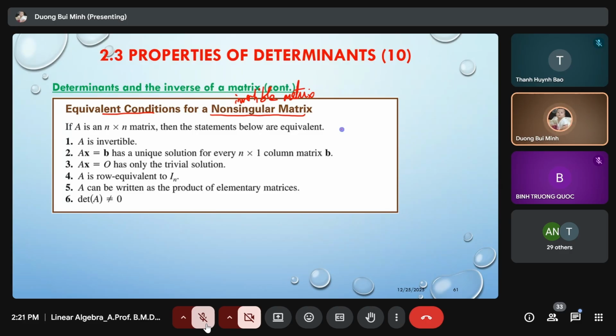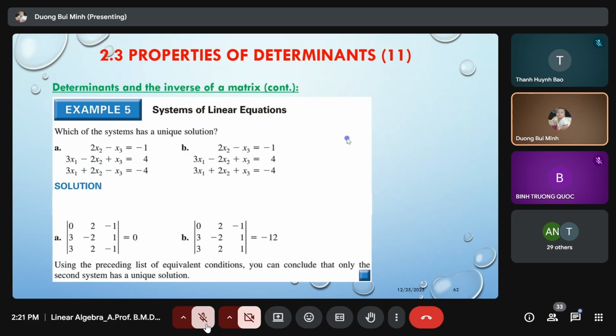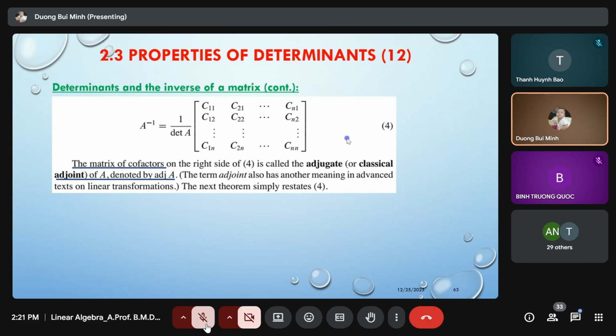As A is invertible, the determinant of A will be different from 0. A can be written as a product of elementary matrices. AX equals 0 has only the trivial solution. AX equals B has a unique solution for every n-by-1 column matrix B. Very easy.